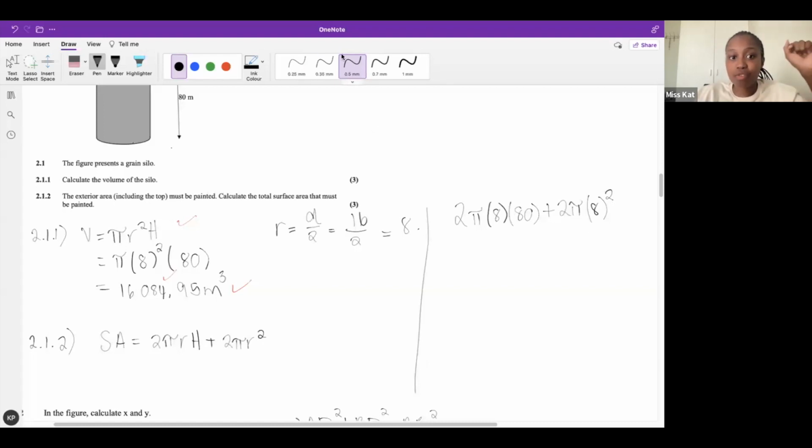Remember, it's the areas of the 2 circles, so it's pi r squared for the top and pi r squared for the bottom. So we have to say 2 times pi r squared. Okay, calculators, let's go for it.